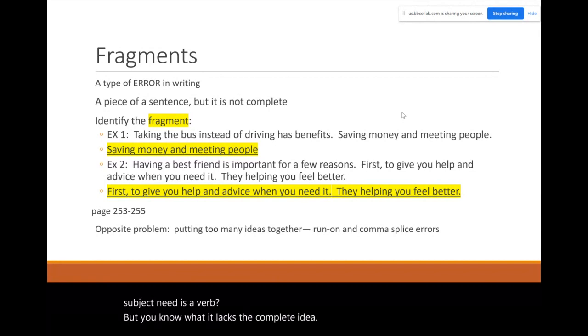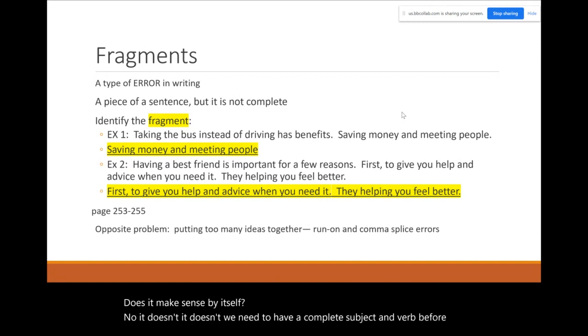So, Alan, if I go to you and say, hey Alan, to give you help and advice when you need it, does it make sense by itself? No, that's a fragment. No, it doesn't. We need to have a complete subject and verb before that.